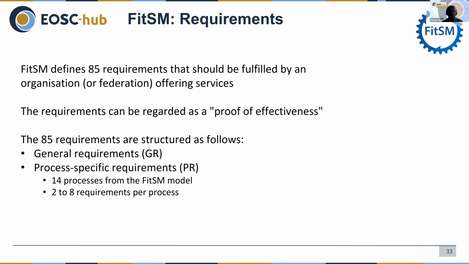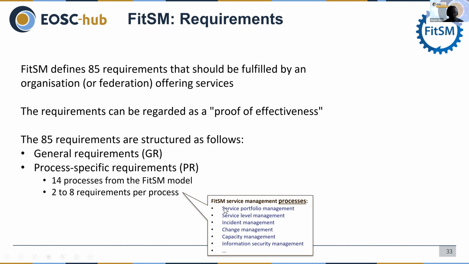These 85 requirements are split into 2 categories. The first category is the so-called general requirements. It talks about general responsibilities and commitment on implementing a service level management or service management. And there are process-specific requirements, where there are 14 processes in FITSM. Just to give you examples, there is a service portfolio management process, talking about how to organize your service portfolio, describe your service portfolio.